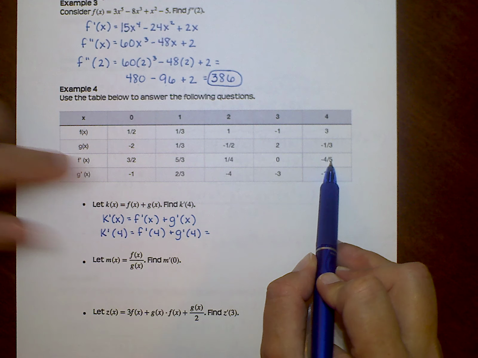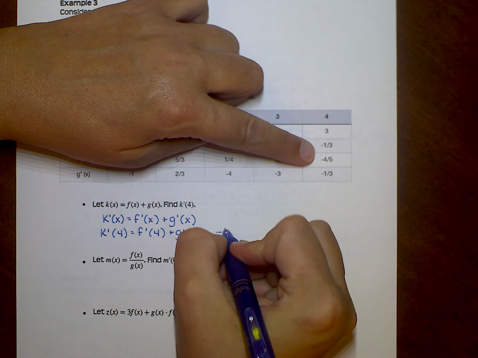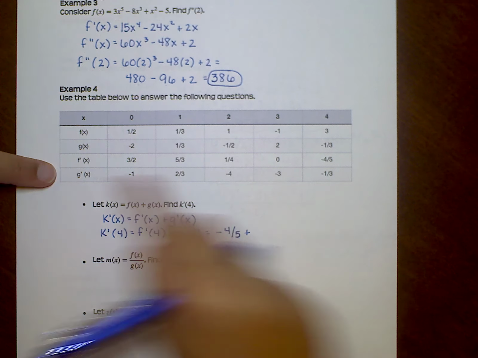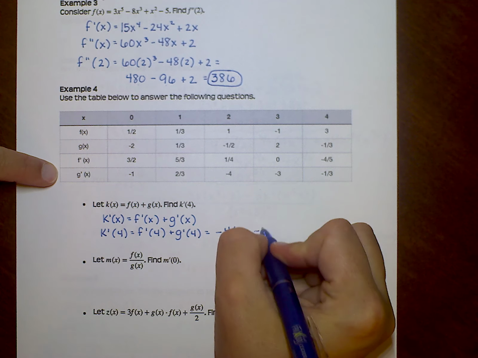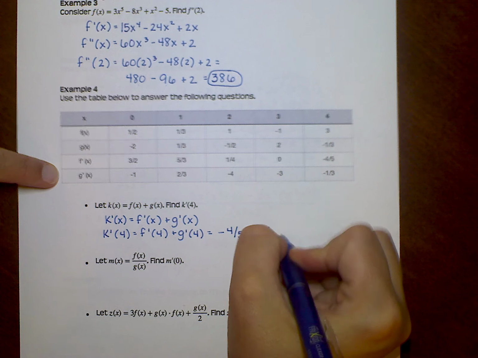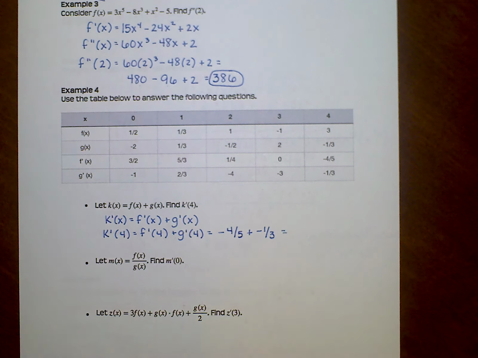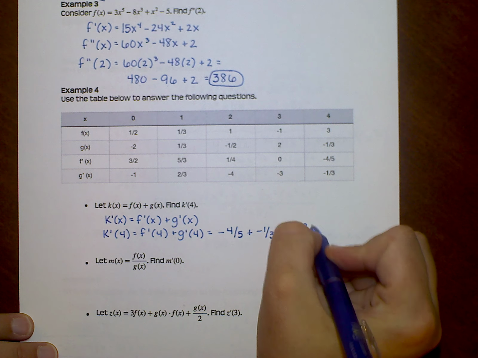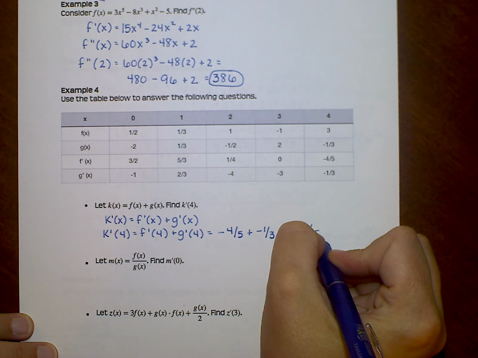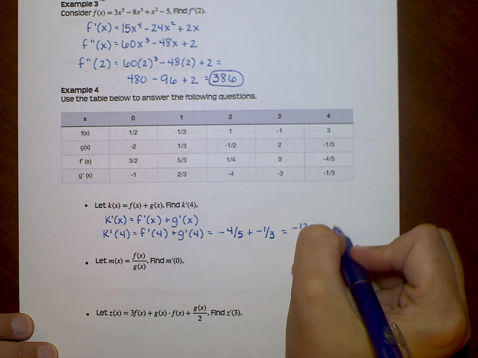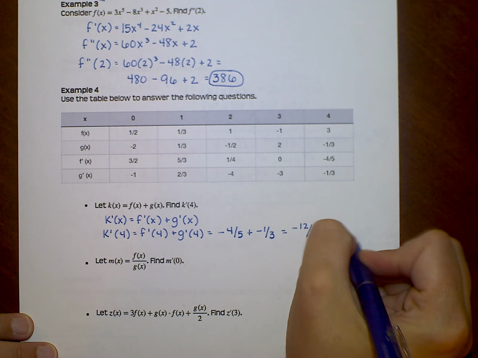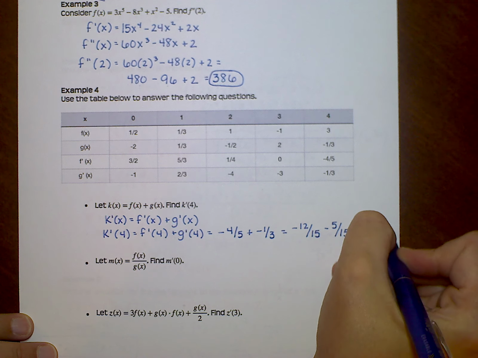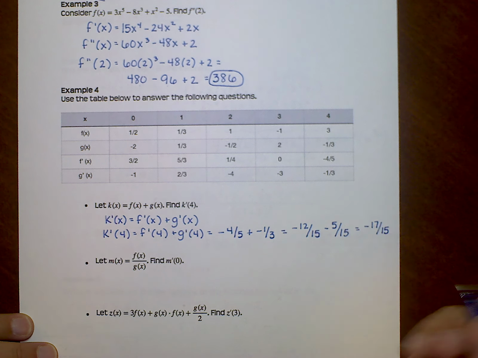Here's f prime of 4, so that's negative 4/5, plus g prime of 4, so negative 1/3. Ew, fractions. Okay, that is going to be negative 12 over 15 multiplied by 3 there. And then this is going to be minus 5 over 15. So that gives me a negative 17 over 15. Okay, and that's it. That's your answer.